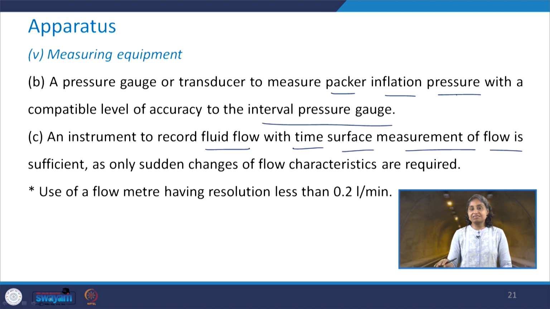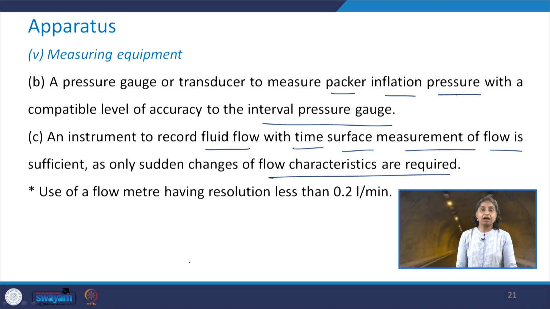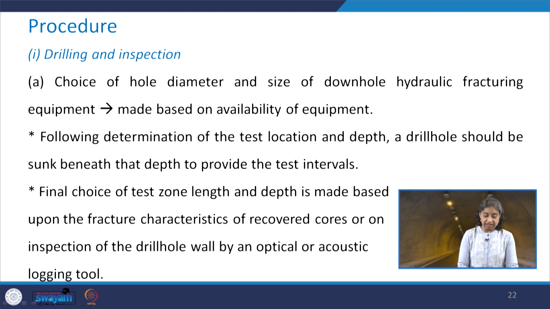An instrument is needed to record the fluid flow with time. Surface measurement of flow will be sufficient because only sudden changes of flow characteristic are required. Use of a flow meter having resolution less than 0.2 liter per minute is recommended.